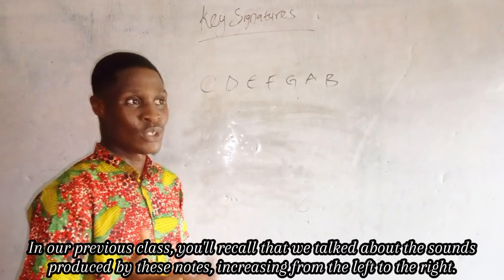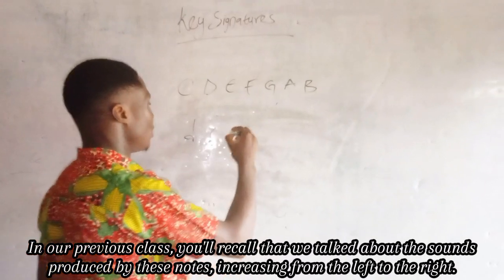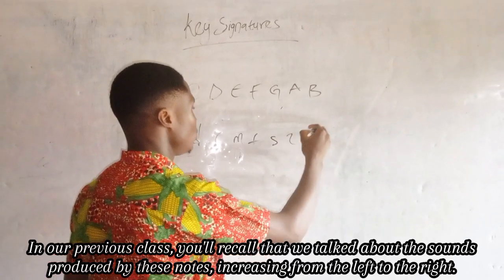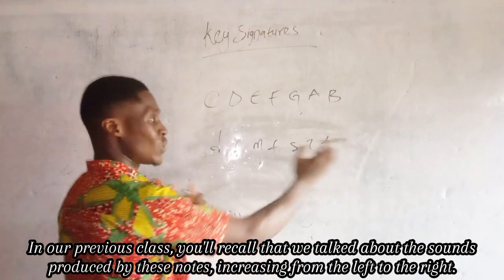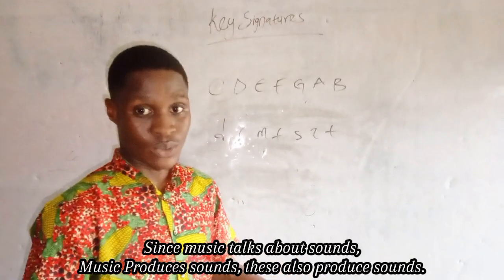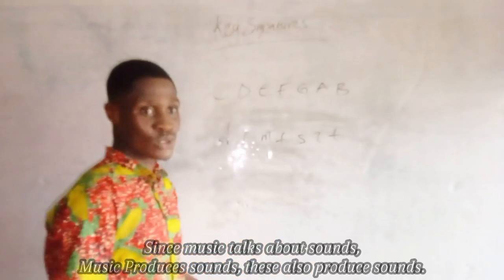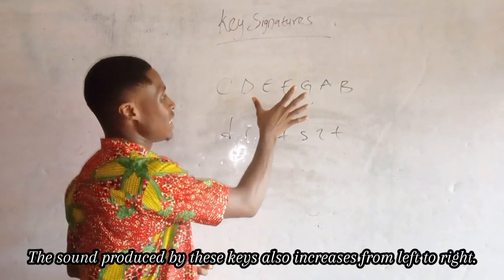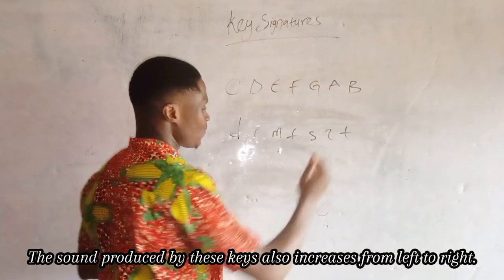In the first class, you recall that we talked about the sounds produced by these notes increasing from left to right. Since music talks about sound, the sound produced by these keys also increases from left to right.